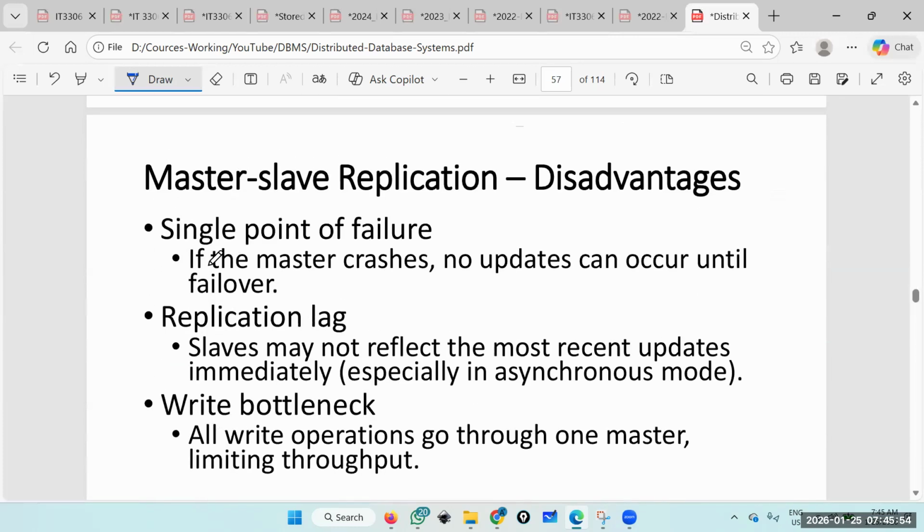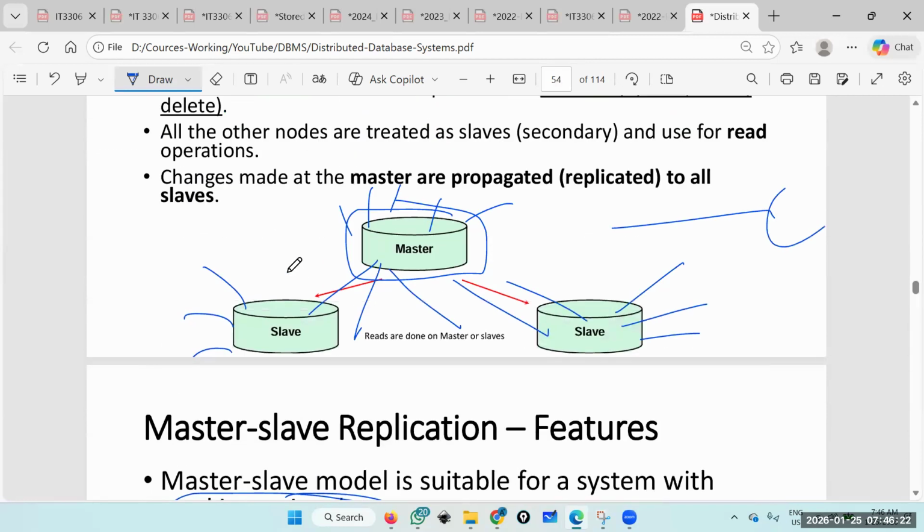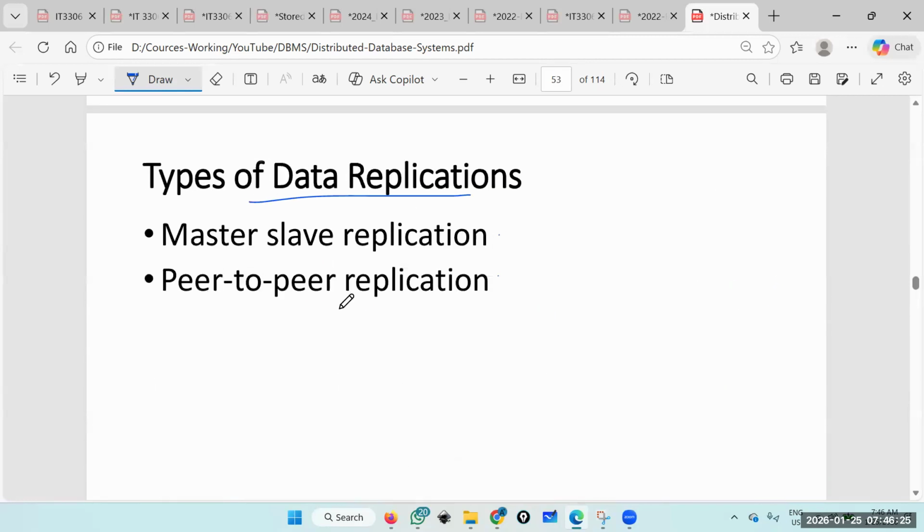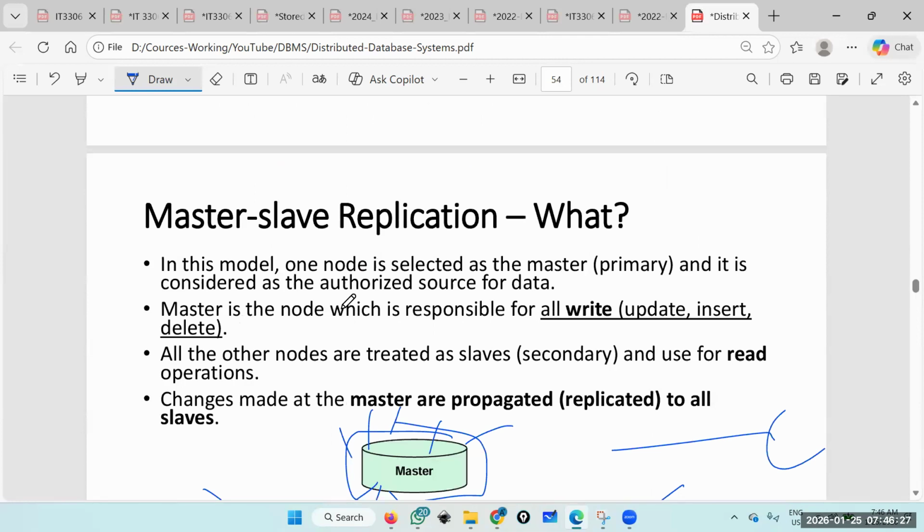Yeah, these are the disadvantages: single point of failure, right? Replication lag, because the master needs to update the slaves. And also even if you write and read, maybe you don't get what you write because there can be a time delay. But if it is peer-to-peer, you update your node.